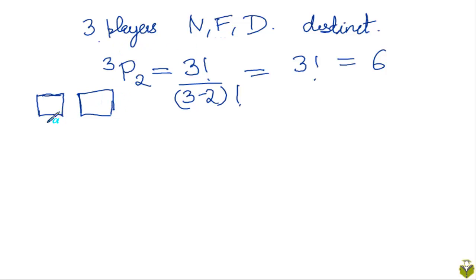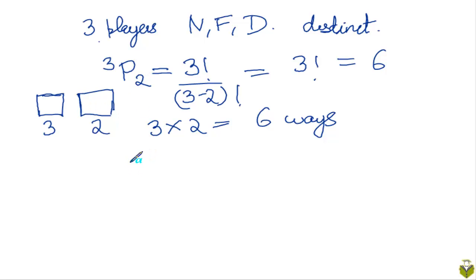The first box can be filled in 3 ways, the second box can be filled in 2 ways, and therefore you have 3 multiplied by 2, which is 6 ways. That is the same as 3P2. I just wanted to tell you again how the fundamental principle of counting and permutations are linked.